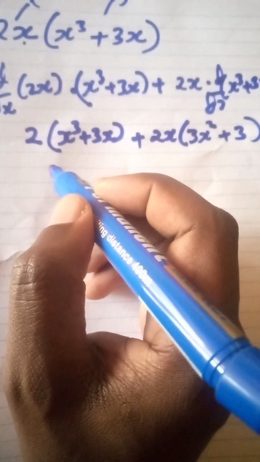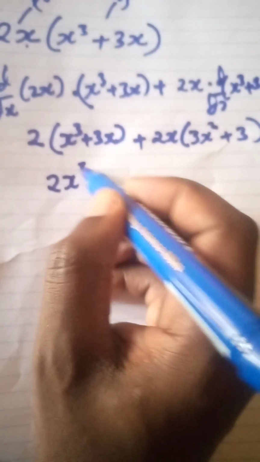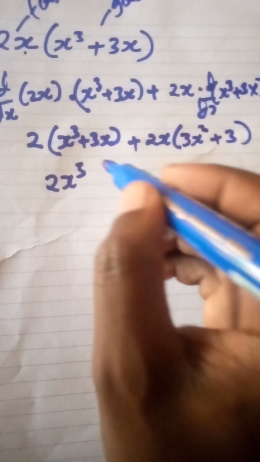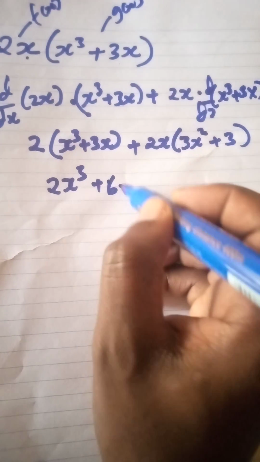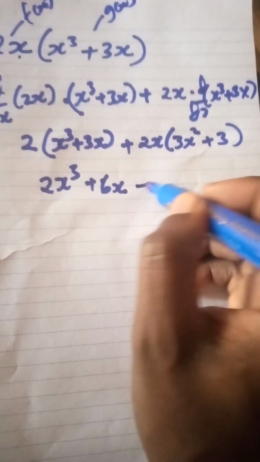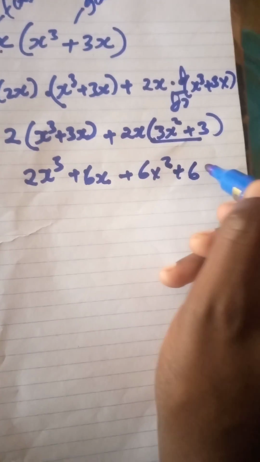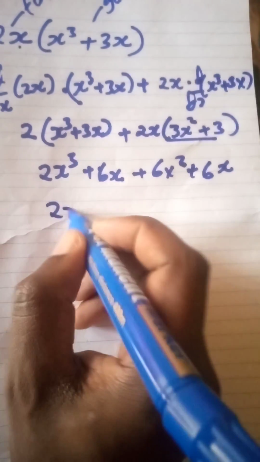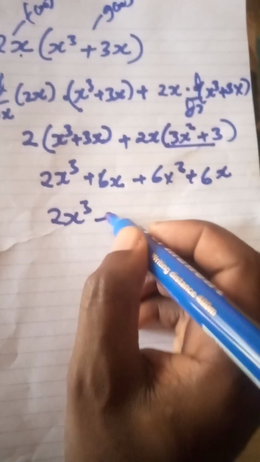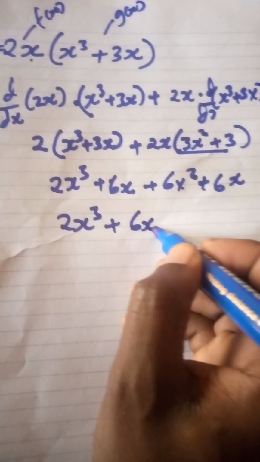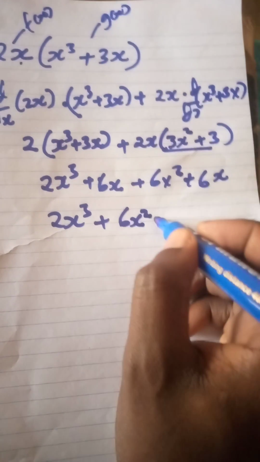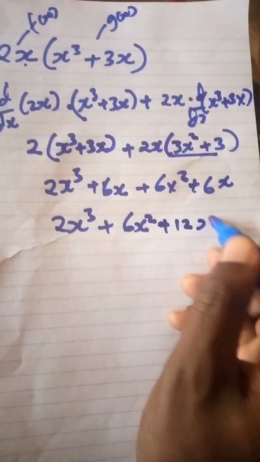On this side, I'm going to have 2x cubed plus 6x, plus this side, if you open, I'm going to have 6x squared plus 6x. So rearranging, I'll have 2x cubed plus 6x squared plus 12x.